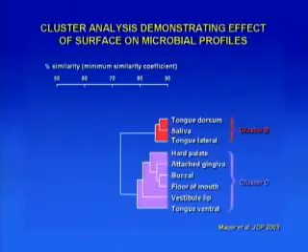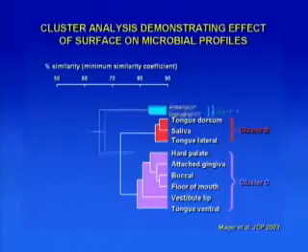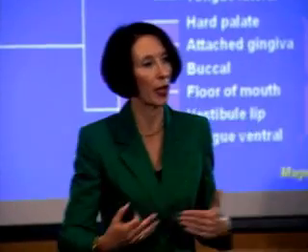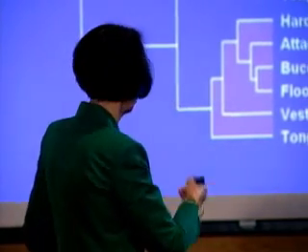The other soft tissue surfaces had also a very similar profile, and they were somewhat related to the tongue dorsum and saliva. And supra and subgingival plaque were somewhat different. They were similar to each other, but somewhat different from the other surfaces. So again, this is a simple way of showing that the microbial profiles on these different oral surfaces are quite different.